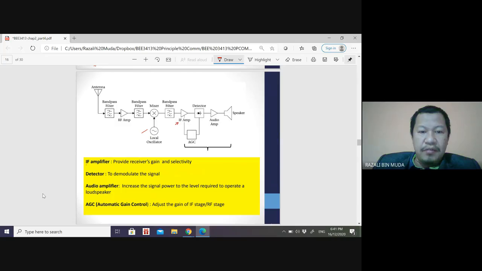The RF amplifier provides the receiver's gain and selectivity. The detector, also known as the demodulator, demodulates the signal.